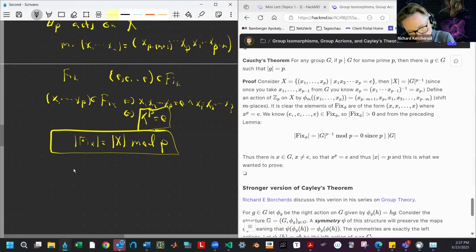If you think about it, when I pick x1 through xp minus 1 from G, I can just pick this last thing, xp, it needs to be the inverse of those things there. xp equals the inverse of x1 through xp minus 1. So there's no option on how to choose this. It's got to be the inverse, but there's complete freedom on how to choose the others. So the size of X is definitely the size of G to the p minus 1. That's the size of X.